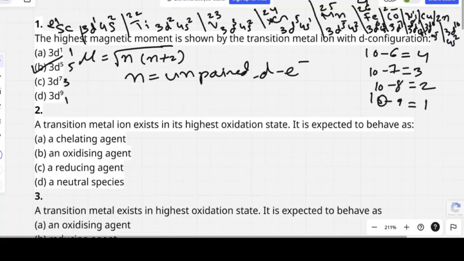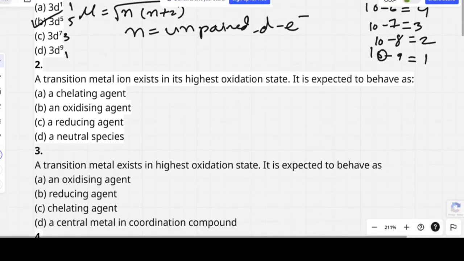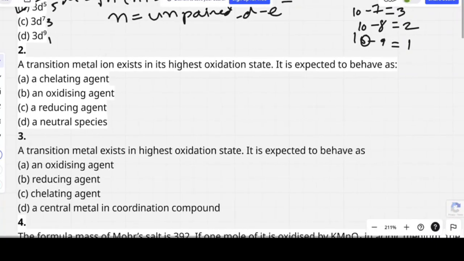Next I move to another question. A transition metal ion exists in its highest oxidation state. It is expected to behave as an oxidizing agent.